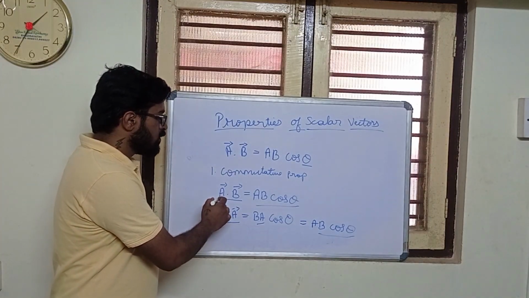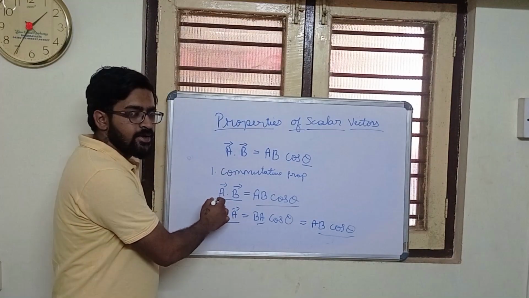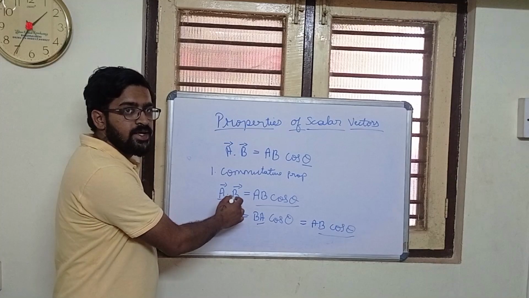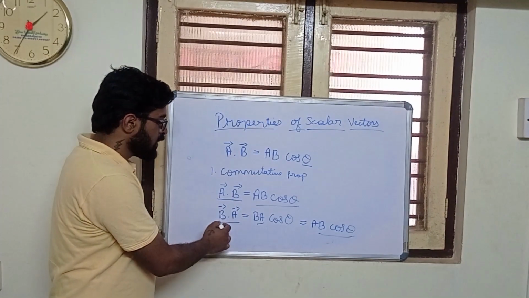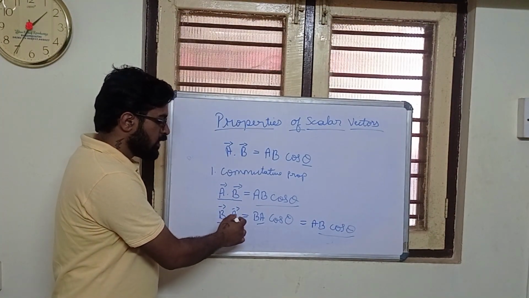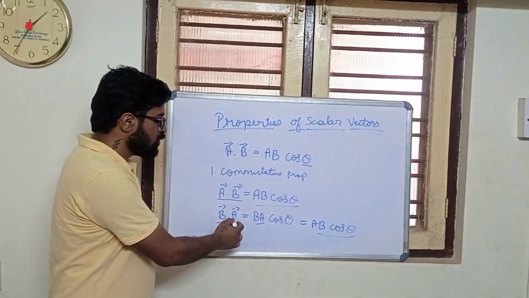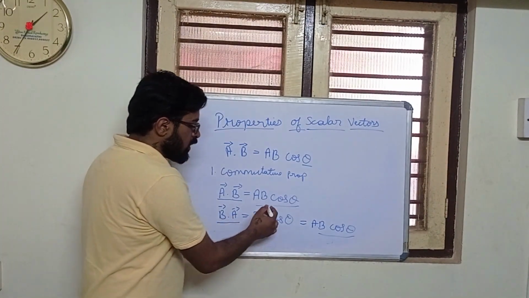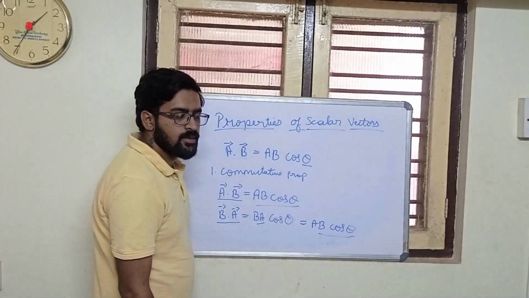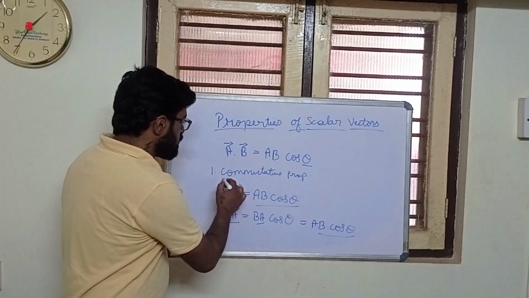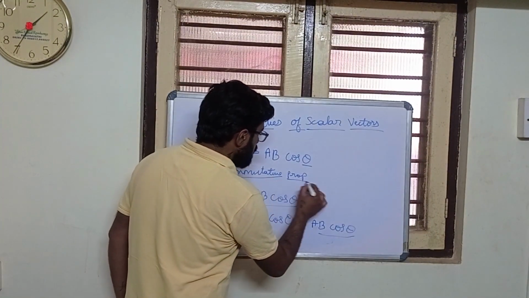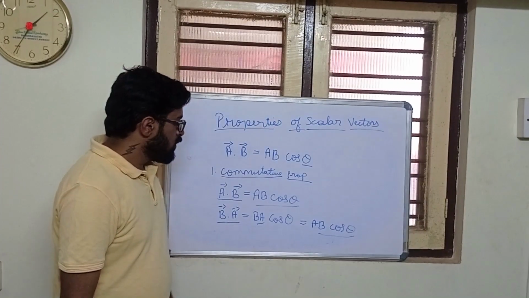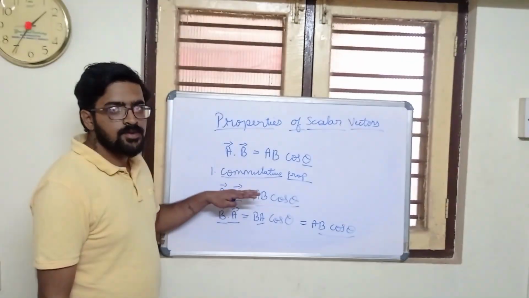The scalar product of vector A and vector B is equal to the scalar product of vector B and vector A. So this is about the commutative property of two scalar vectors.